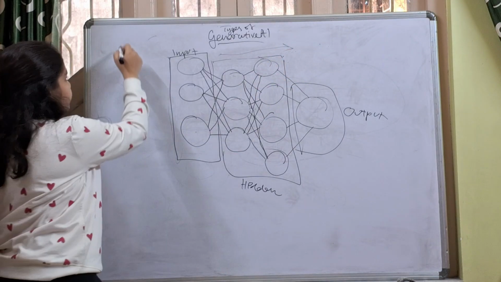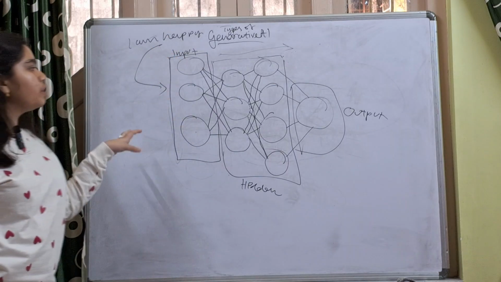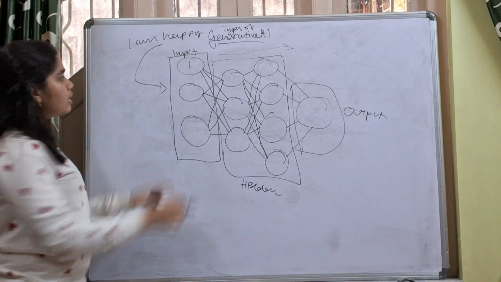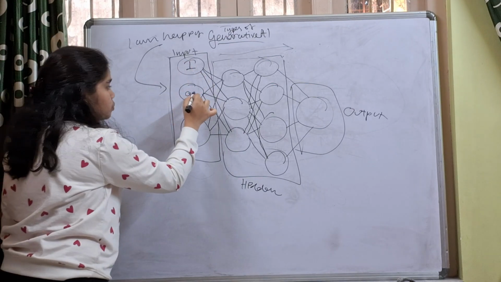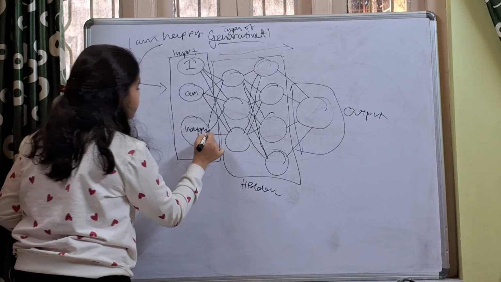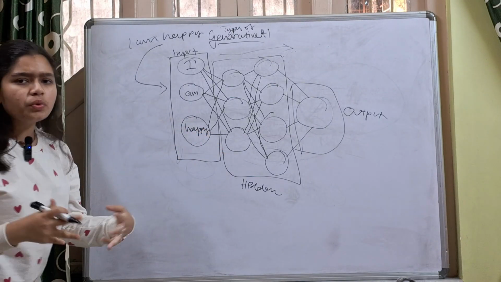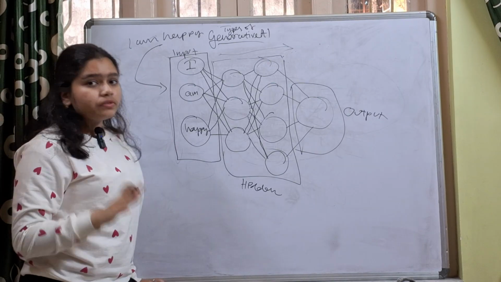If you have a sentence, I am happy, and this is passed to the input layer, then I is processed independently, am is processed independently, happy is processed independently. These three words have no link with each other, because a typical neural network does not preserve the word order.